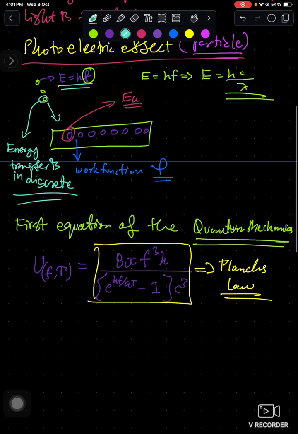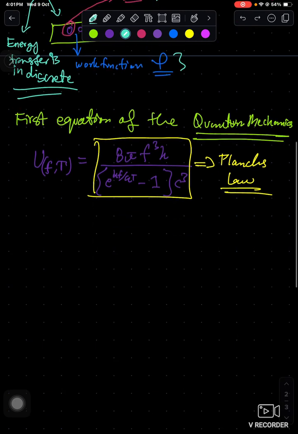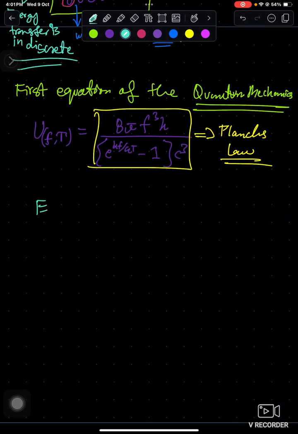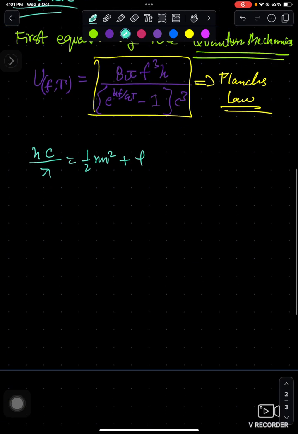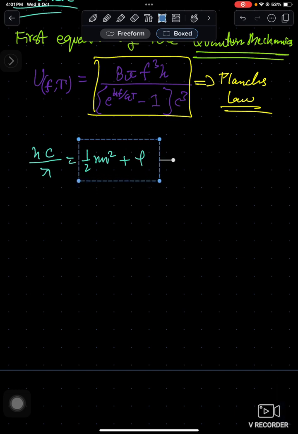Then if I combine this equation and this equation, I should get this equation. Or wait, let me see. hc over lambda equals 1 by 2 mv square plus psi. And this should be written like this.